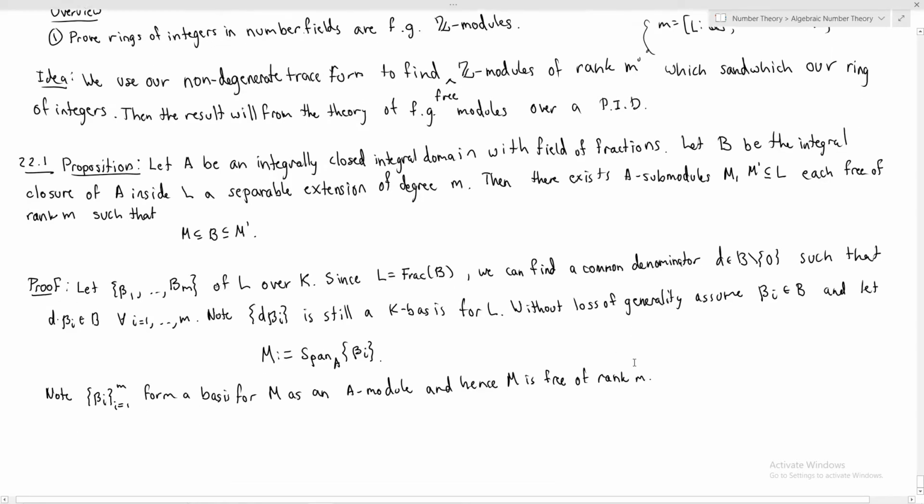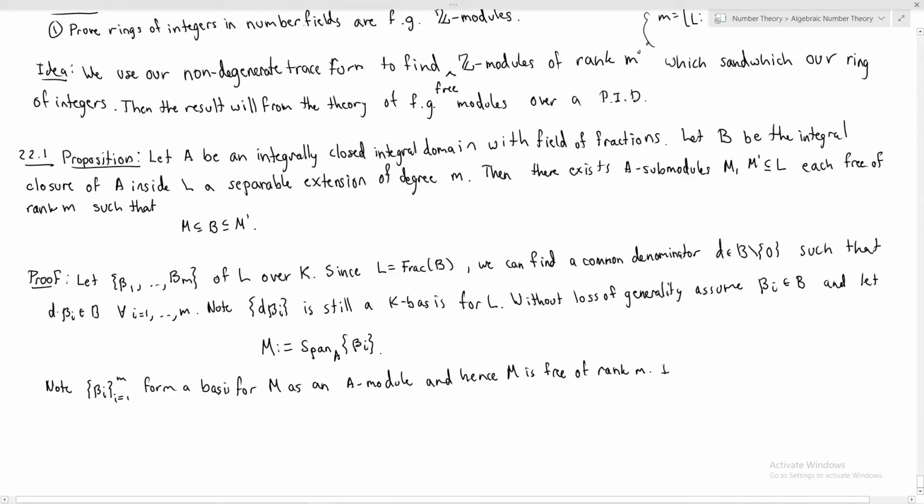So we've already got our one candidate. In our previous lecture, lecture 21, our lecture on discriminants in number fields, we saw that the trace bilinear pairing, the trace form, was non-degenerate.